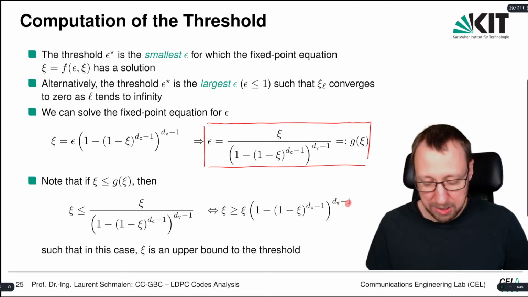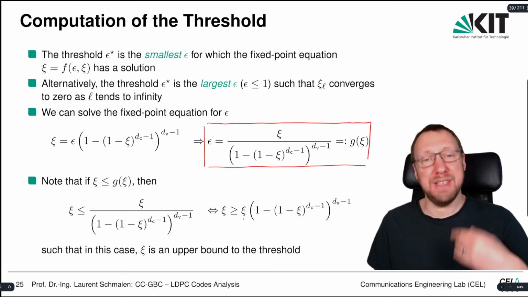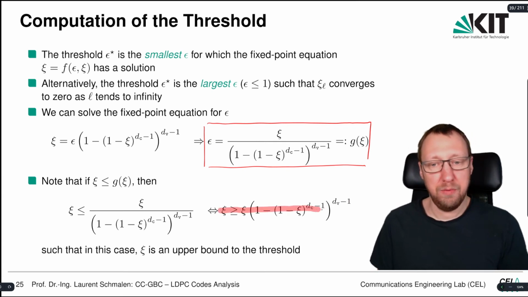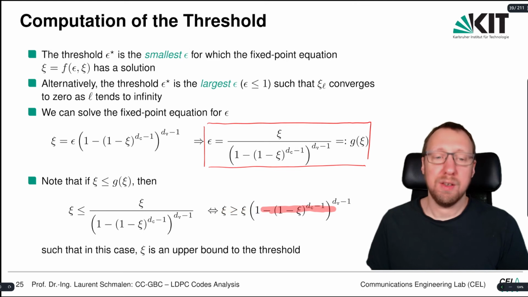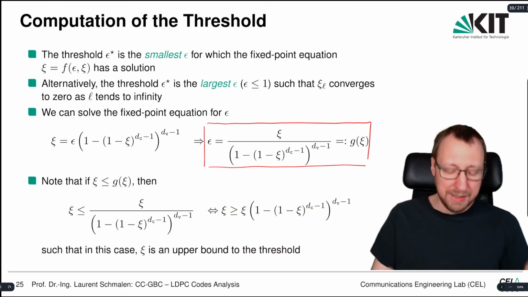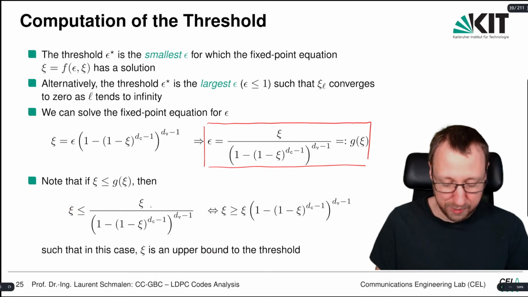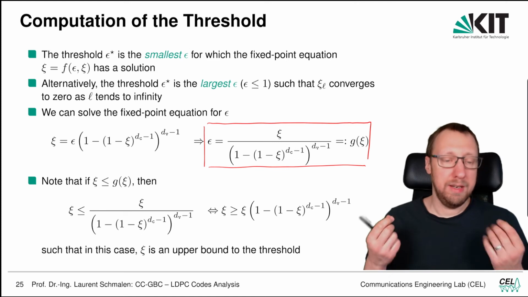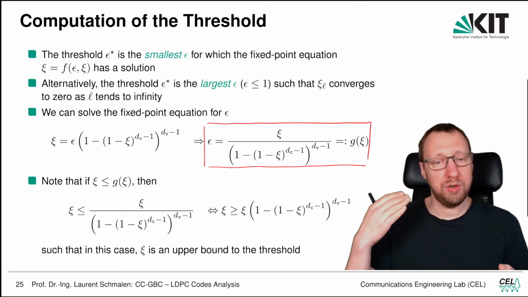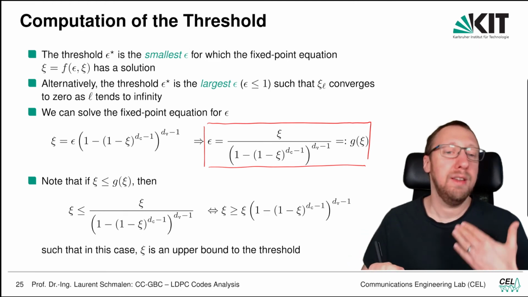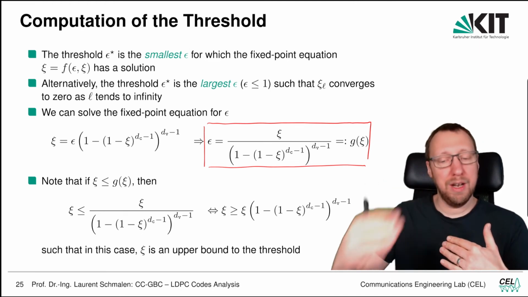So it means that if epsilon is equal to xc, then we get stuck, we cannot decode. That means we have an upper bound of the threshold. So if xc is smaller or equal than g of xc, then xc will be a bound of the threshold, because it's an epsilon where we cannot decode, so it must be larger than the threshold.